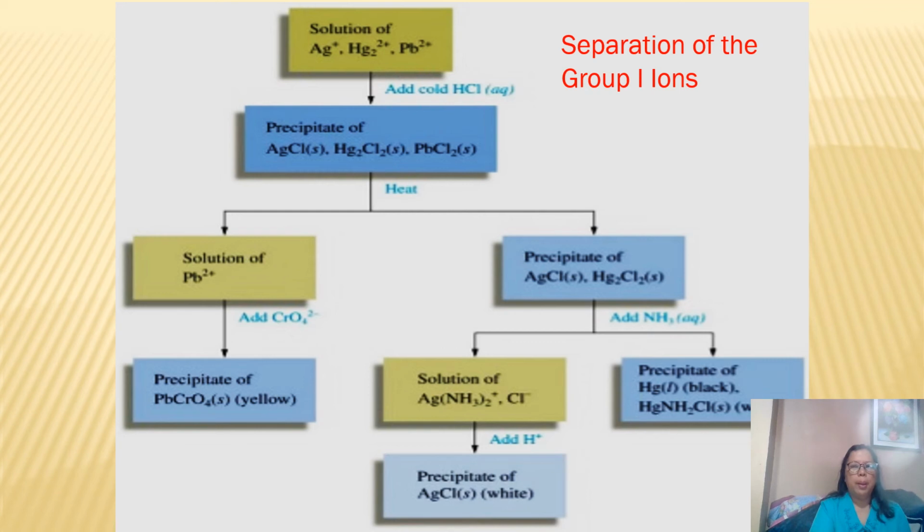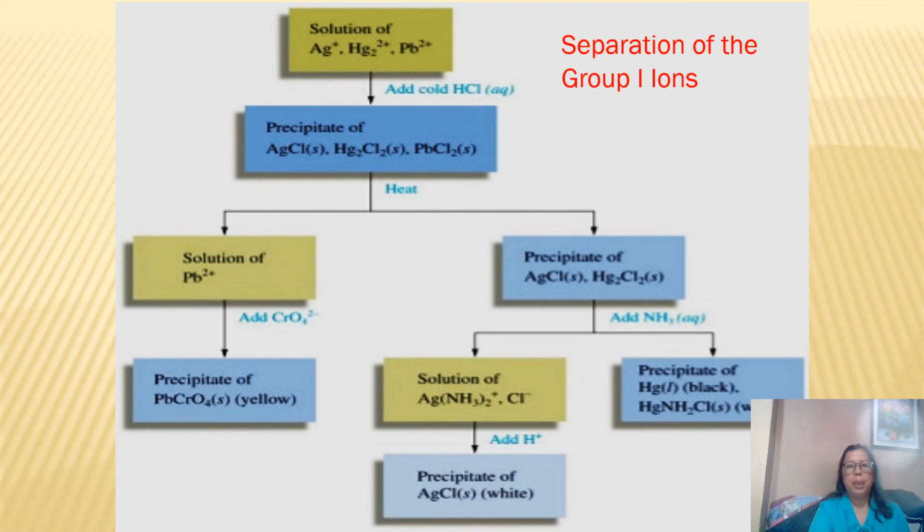If these are placed in one solution, and you add chromate and a yellow precipitate is formed, then lead is present.